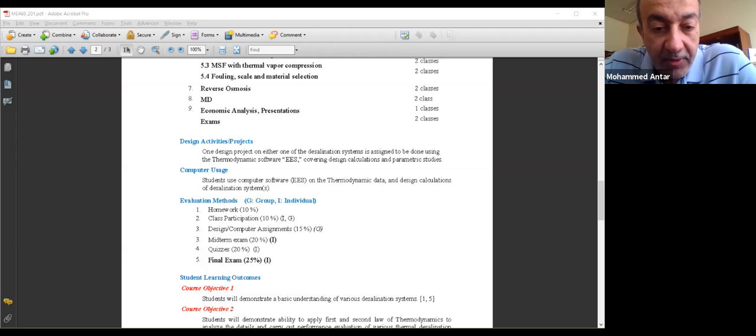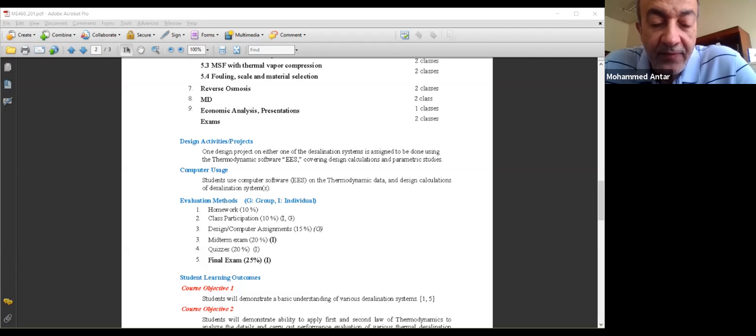I was planning for a midterm exam. Then as the semester goes, let's see how we can do that. Because if you are going to come to the university in the middle of the semester, as we're hoping, then that's something we can carry out in class. If not, then we can find a way to run this midterm exam on the web.